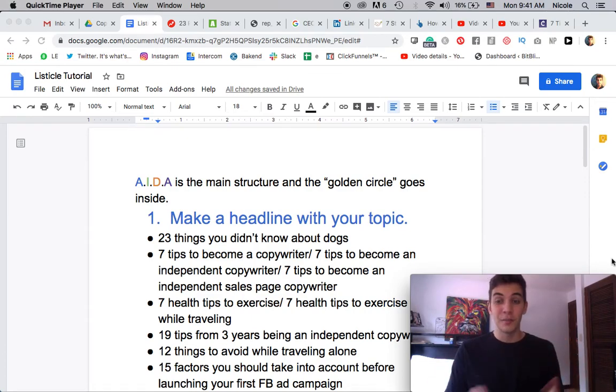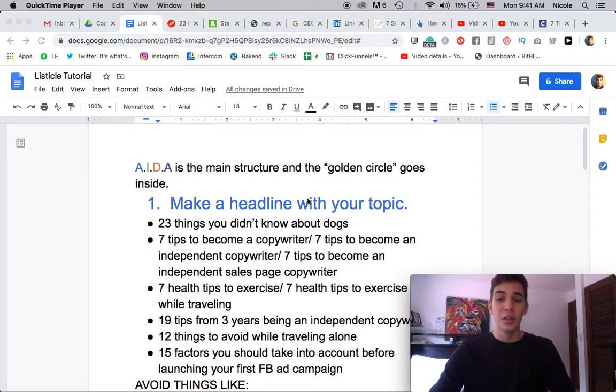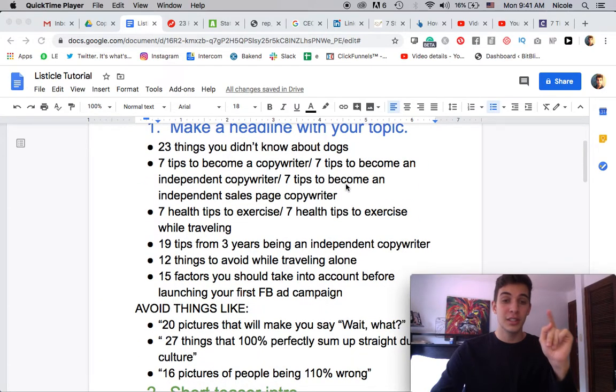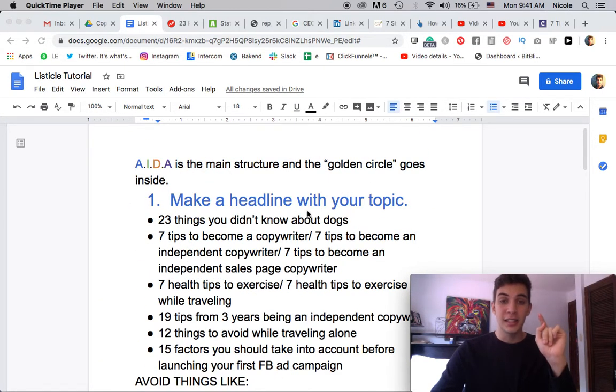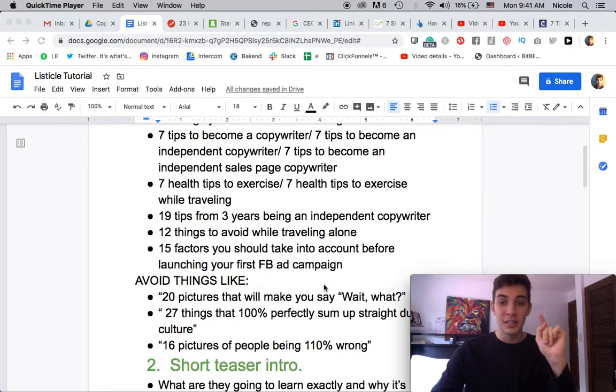So let's go. Basically, the power of a listicle comes from that, number one, it's really easy to read, really easy to skim. It's way easier when you see just a huge list and you can skim it quickly and see, okay, this gets my attention. This other thing seems important, right?